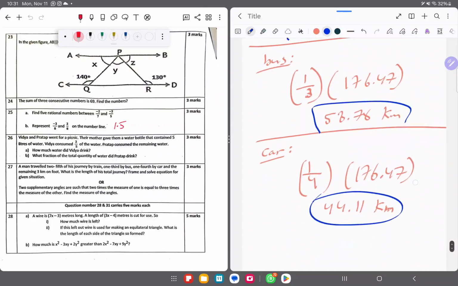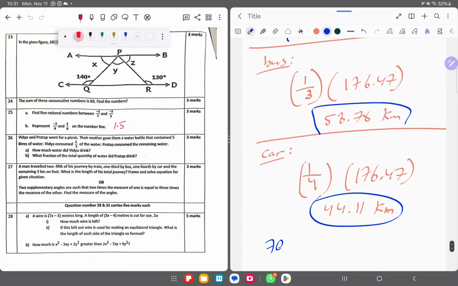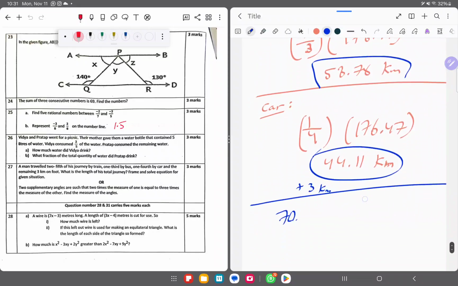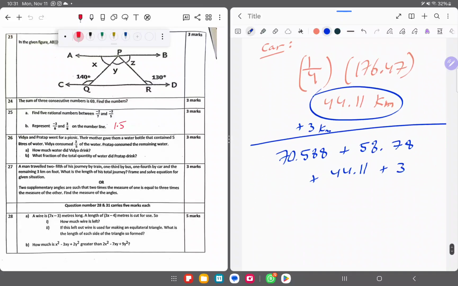Now if I want to double check, I would add this and add this and add this, and I would check. So 70, wait, do I have something else? Plus 3 kilometers at the end. 70.588 plus 58.78 plus 44.11 plus 3.